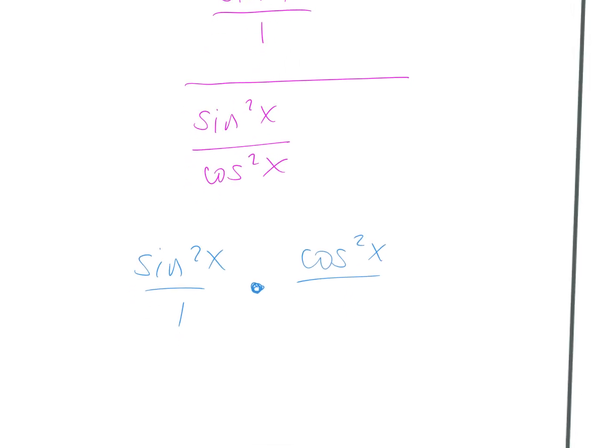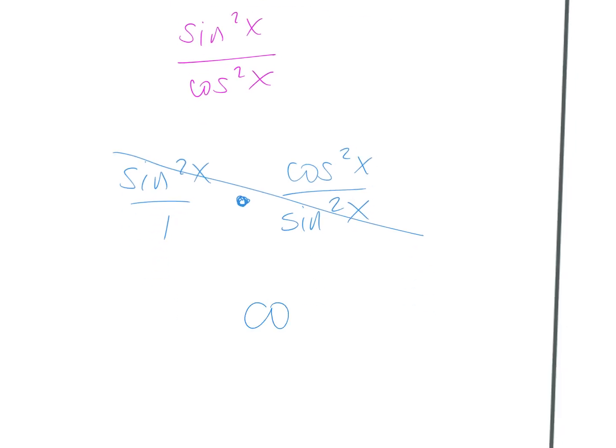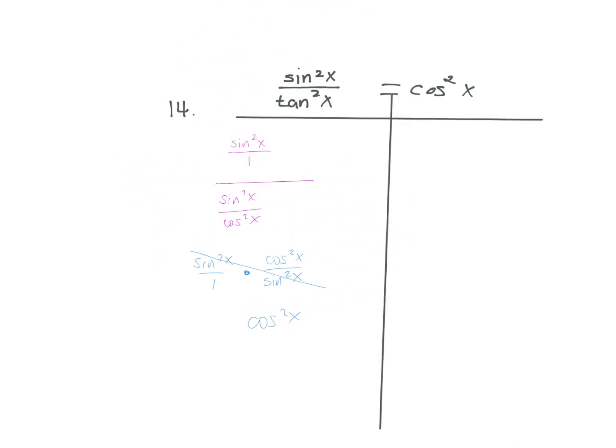When we keep, change, flip, cosine goes on top, sine goes on the bottom. So now what do you guys notice? Sine squareds cancel, and what are you left with? Just cosine squared, which is where we were trying to go. To cosine squared. All right, so when you start off with no plus or minuses or anything like that, it's super simple. A lot of these are simple.